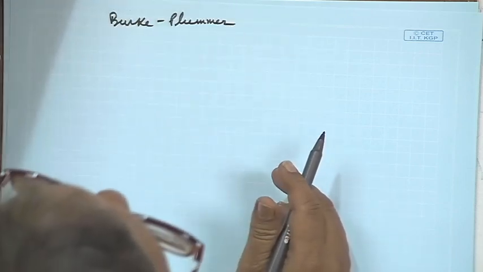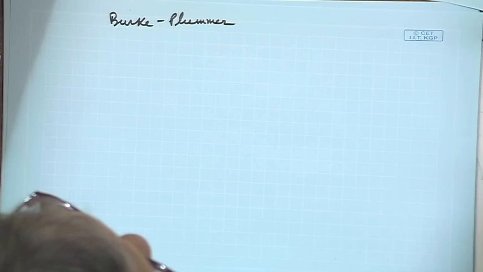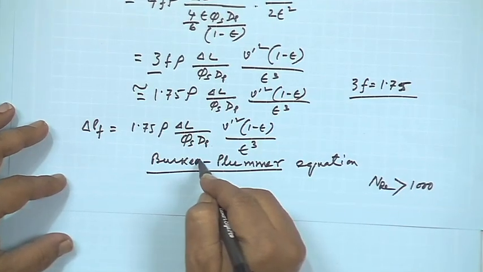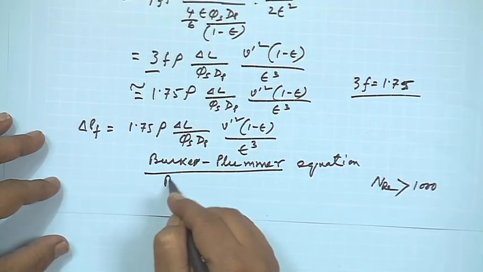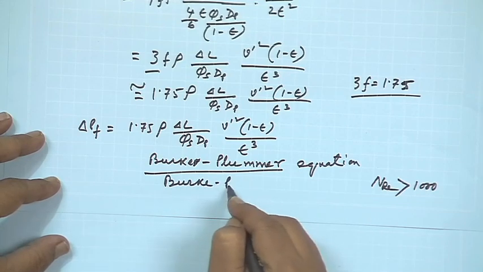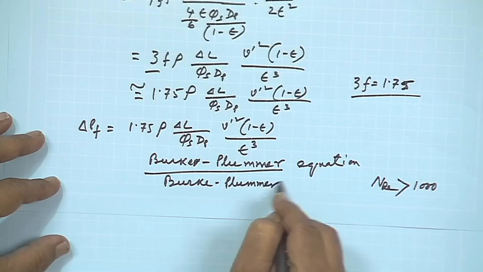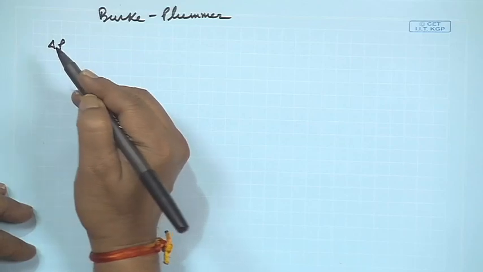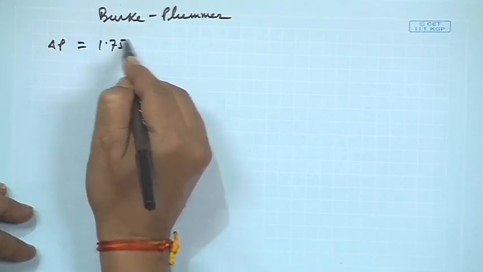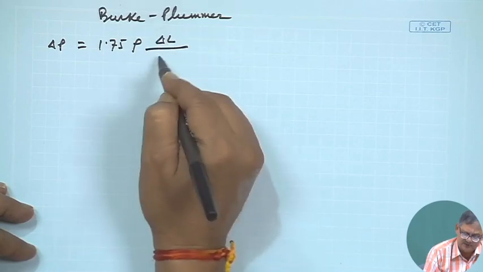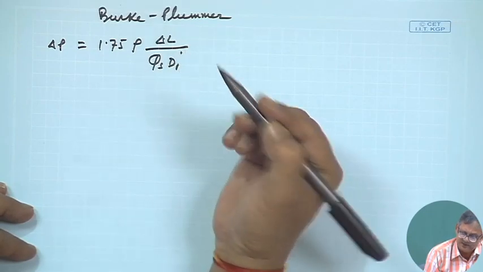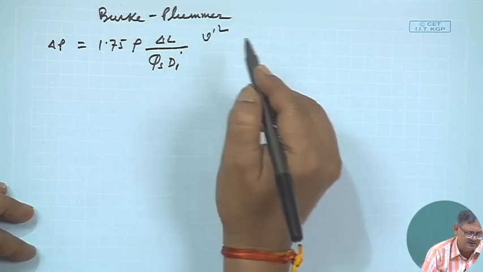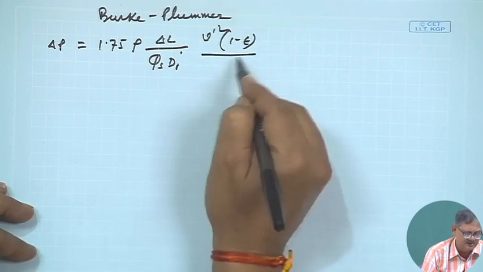Next, from the Burke Plummer equation, we can write delta P is 1.75 rho into delta L over phi s dp, into V prime square into 1 minus epsilon over epsilon cube.